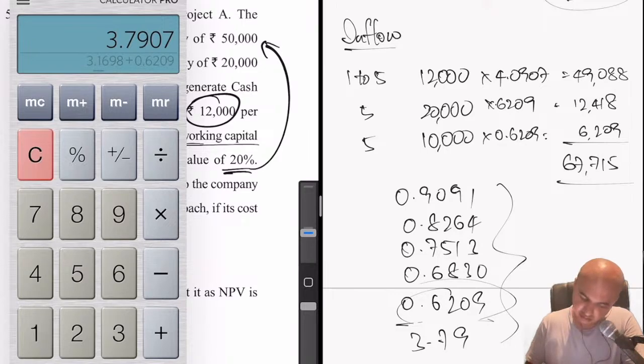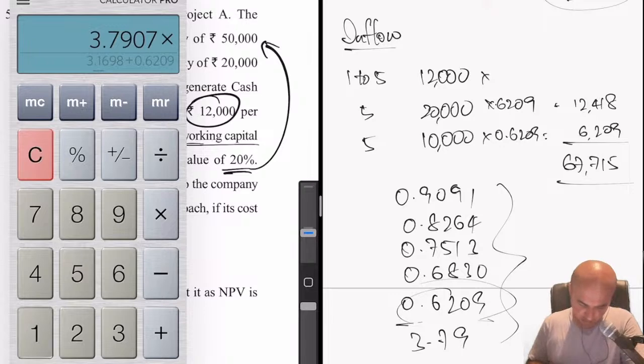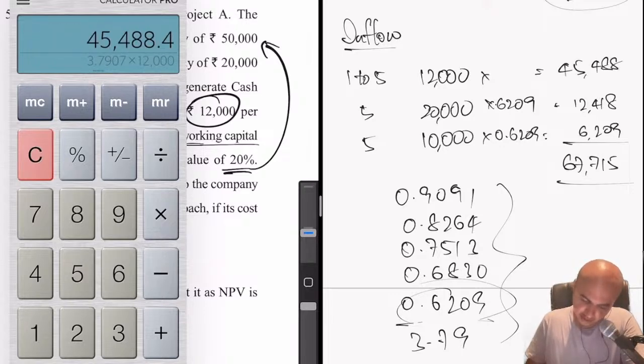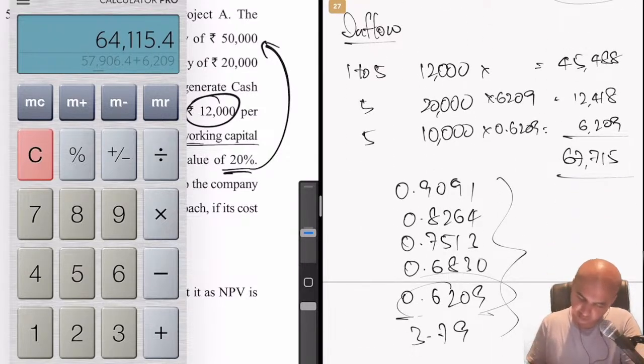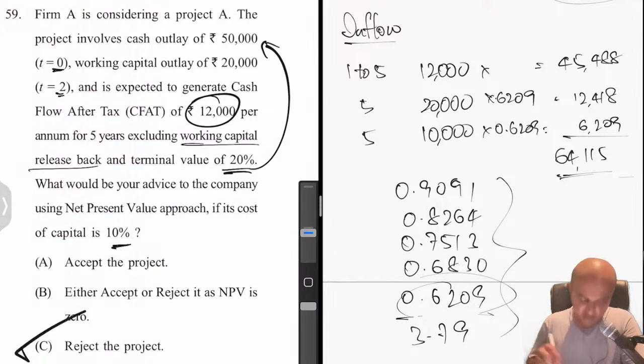So that means this will be slightly different. My calculation was wrong. Into 12,000, which will be 45,488. So if that is the case, plus 12,418 plus 6,209, in that case we are only getting 64,115. Now it makes sense. So therefore reject. Yeah, in this case it is correct. Okay, so that was the right answer there.